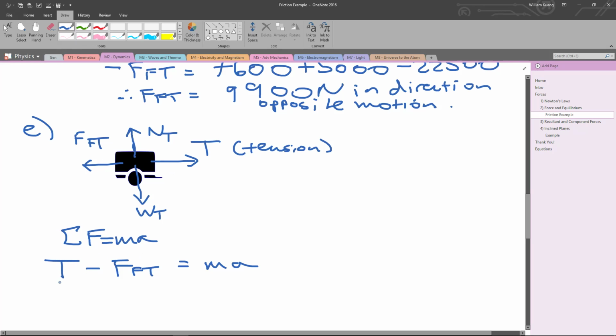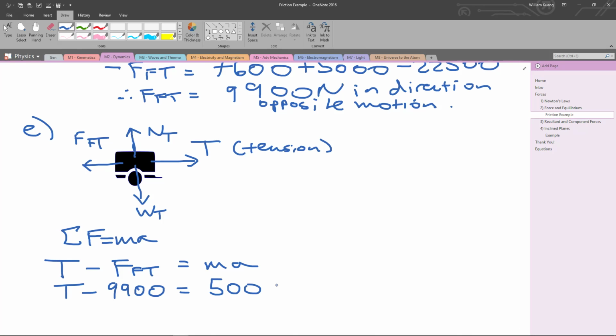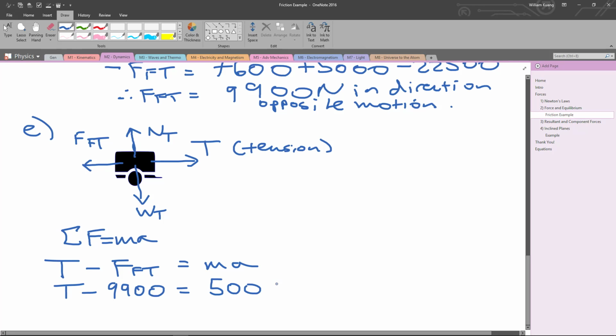We don't know the tension force, but we did calculate the friction force in the previous example to be 9,900 newtons. In this part of the example, the mass is only considering the trailer, and the trailer is 500 kilograms. We're being told in the question that the trailer and the car move at 4 meters per second squared.